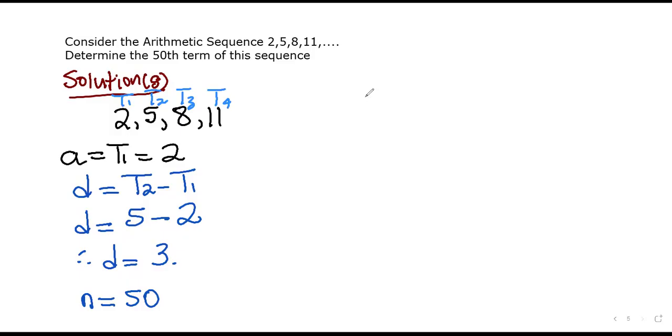Since n represents the number of terms, you're going to use the nth term formula of an arithmetic sequence, because they told you this is an arithmetic sequence, given as Tn equals a plus n minus 1 times d. Then it will be T50, because you want to determine the 50th term of this arithmetic sequence.